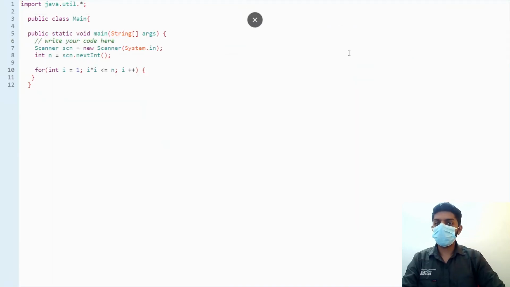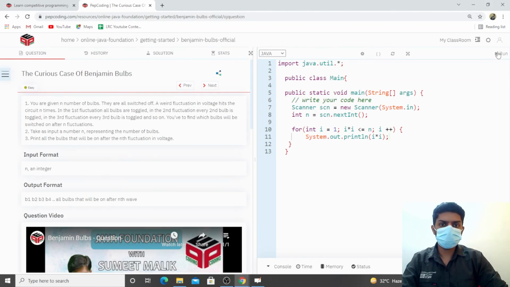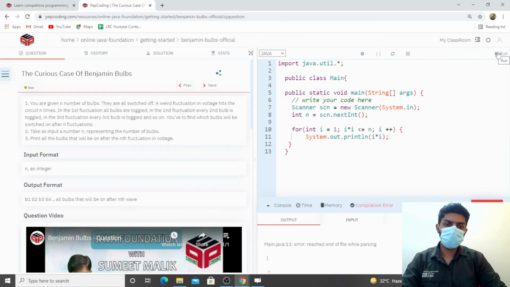Yeah, and we print system dot out dot println, not i but i star i, right? Yeah, so hopefully this should work. And we have a compilation error that it has reached end of line.